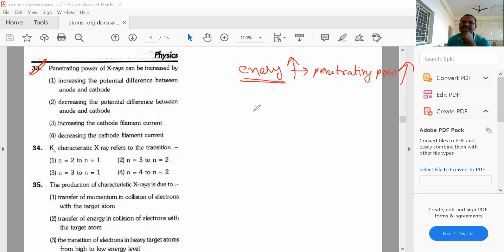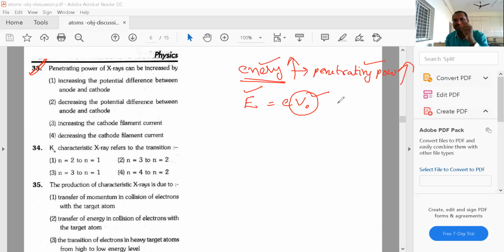So how to increase the energy? Energy is nothing but e into voltage. If you increase the potential difference, we can increase the energy, and so the penetrating power. That means the penetrating power of X-rays can be increased by increasing the potential difference between anode and cathode. That is the perfect answer.